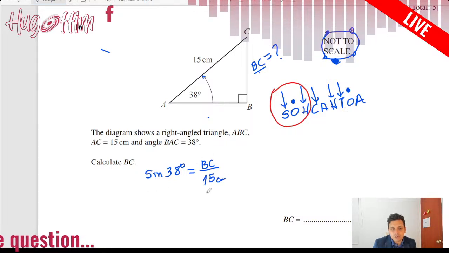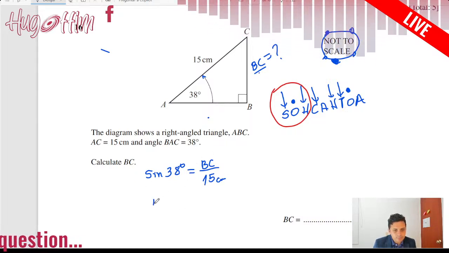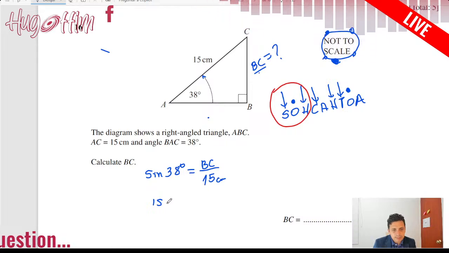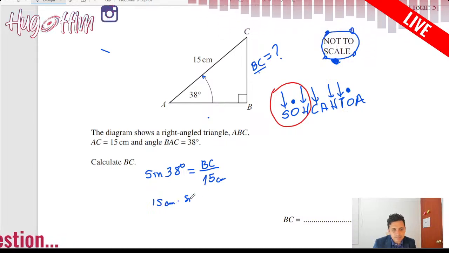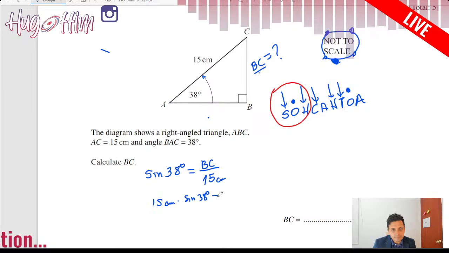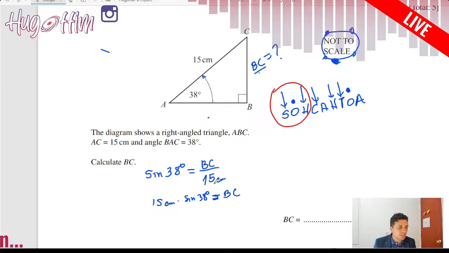Now I just need to solve for BC. So multiply by 15 here, 15 centimeters times sine of 38 degrees equals BC, and use your calculator.